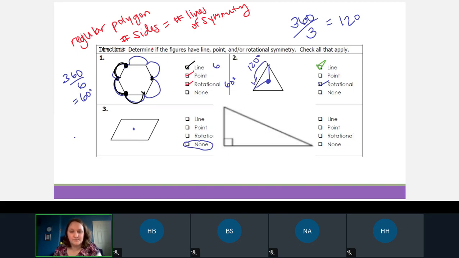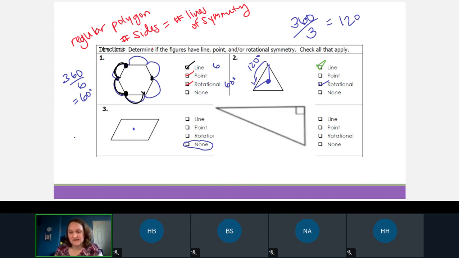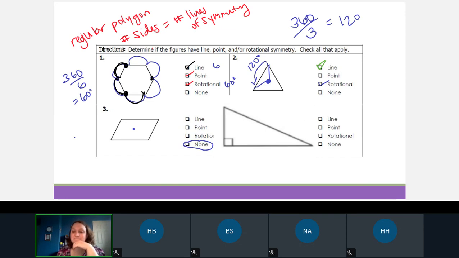Well, now it's facing the wrong way, right? It is not landing exactly on top of itself. It's just rotated, but it's not being mapped exactly onto itself. And then for rotational, I could rotate this, right? And it's not going to land exactly on top of itself until I get back to 360.